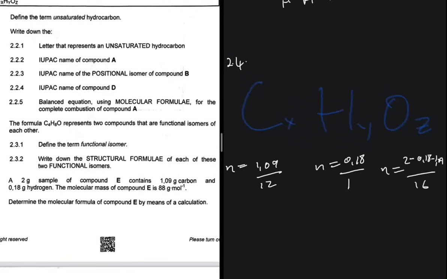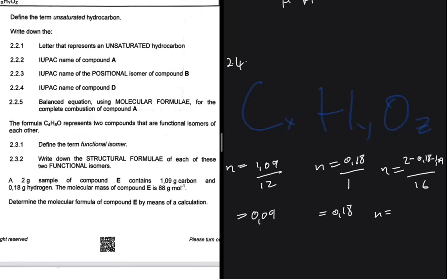Right, so now we just need to find these numbers of moles. For carbon, I'm getting 0.09. For hydrogen, it is going to be 0.18, that is easy to see. And now we just need to compute the number of moles for oxygen. Why am I getting a math error?